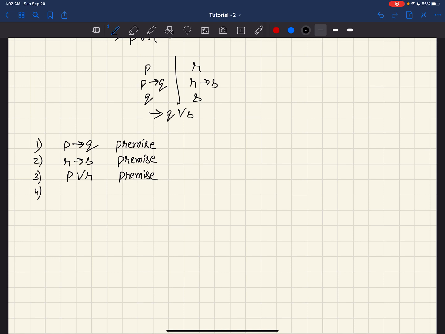Now we introduce an assumption. Our assumption is P. Now we have P and P implies Q from the first step, so that gives us Q. We write it as modus ponens on steps 1 and 4.